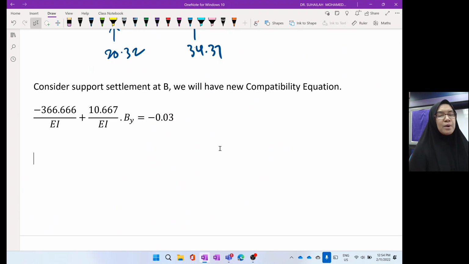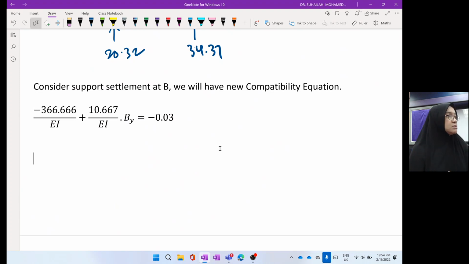And for support settlement question like this, when we have support settlement in unit meter, it means that we have to have delta 10 and F11 also in unit meter. Means that we have to have EI. Then only we can solve.